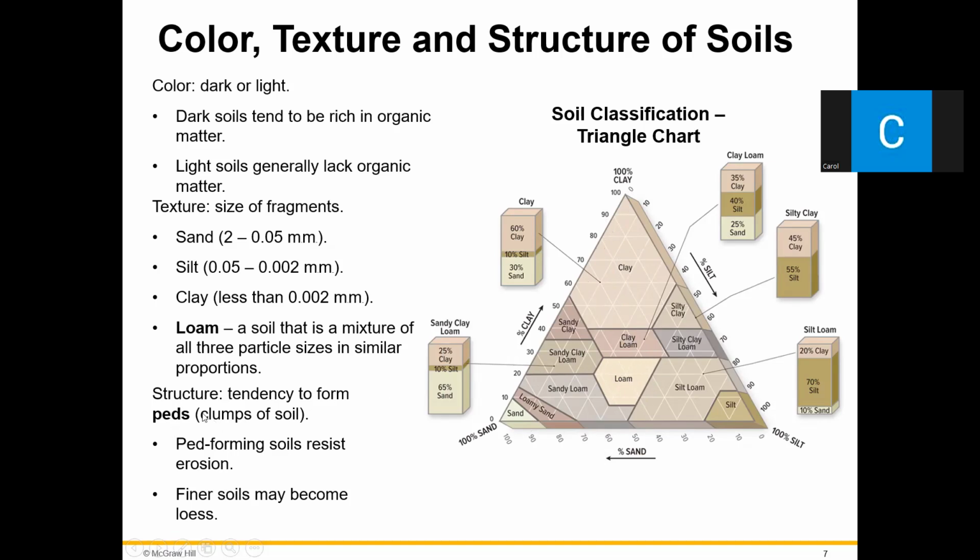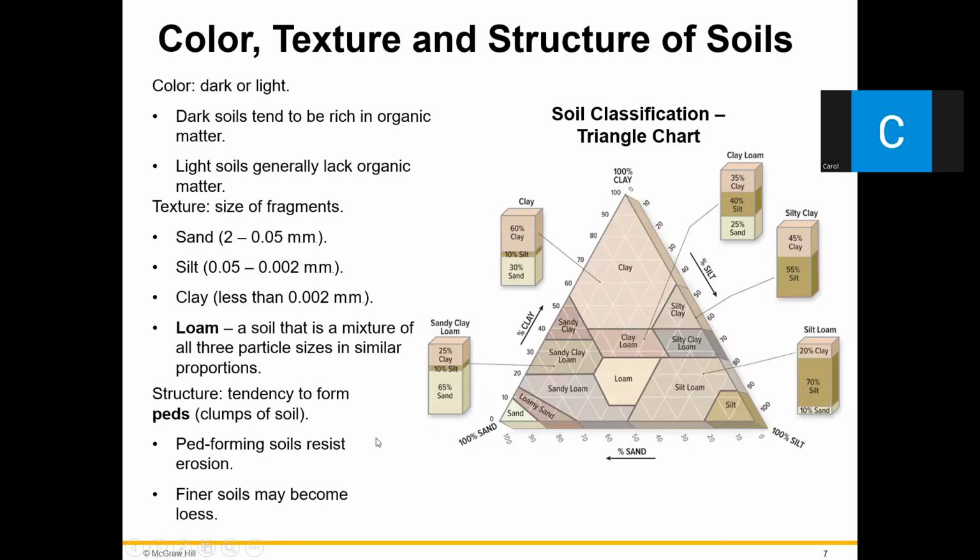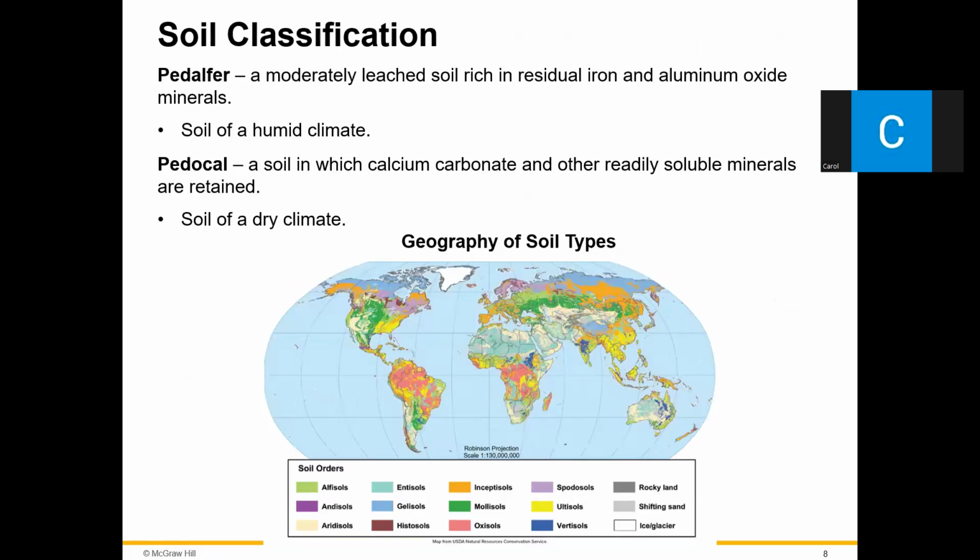And they tend to form peds, which are clumps of soils. Ped-forming soils resist erosion, whereas finer soils may become loess. Loess is a wind-blown deposit, and it's very fragile, if you will. It's very susceptible to failure.